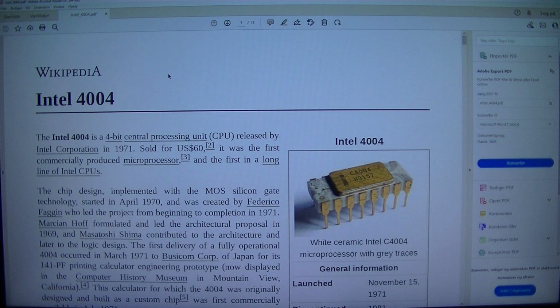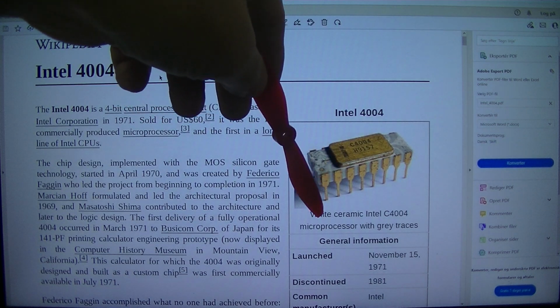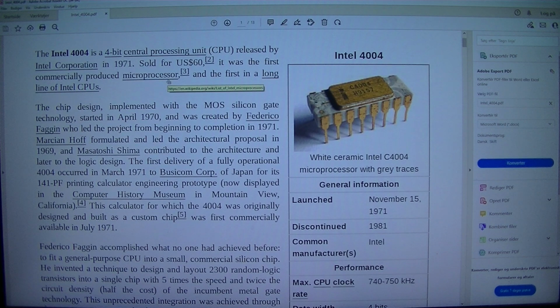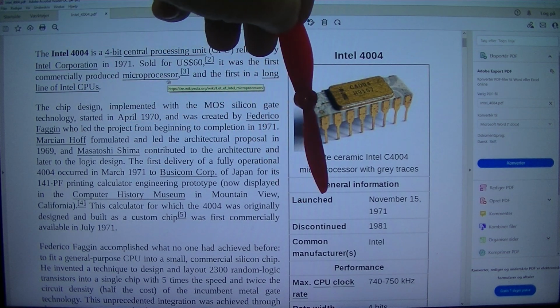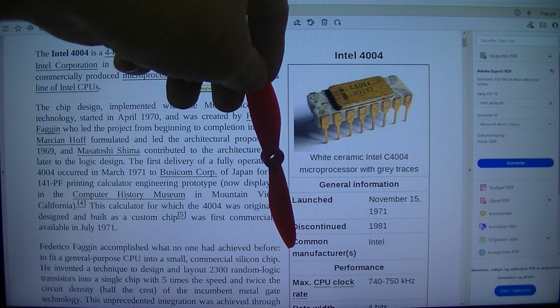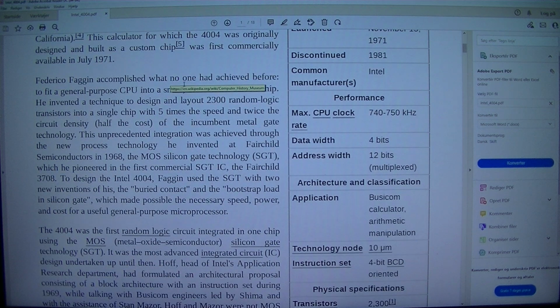Intel 4004. Intel 4004 Intel C4004.jpg. White ceramic Intel C4004 microprocessor with gray traces. General information. Launched November 15, 1971. Discontinued 1981. Common manufacturer S. Intel. Performance max. CPU clock rate 740-750 Ps.